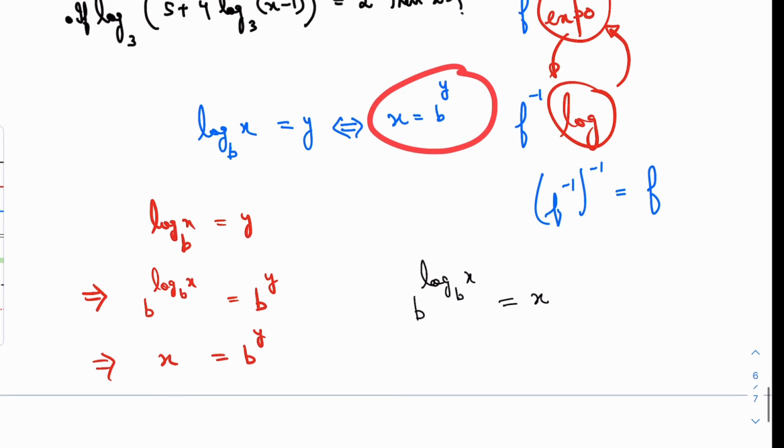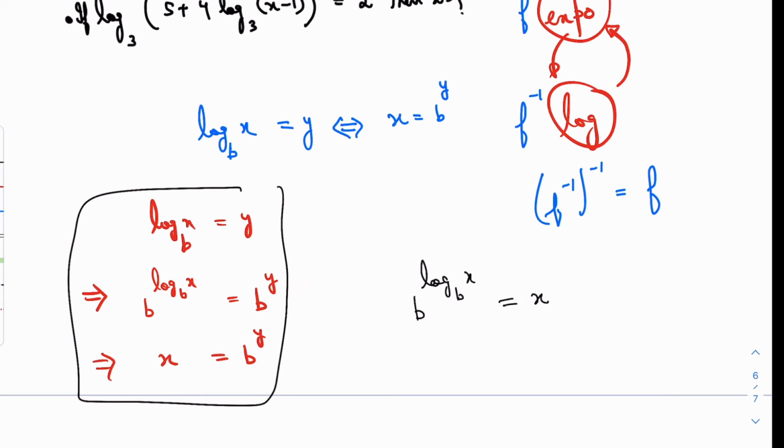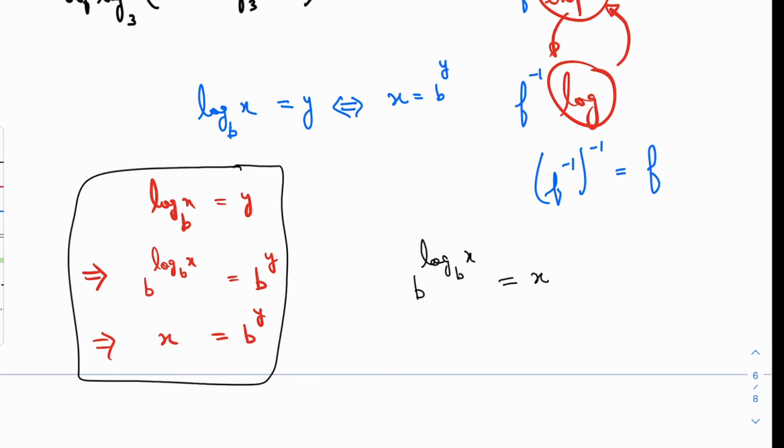So this procedure of applying base both the sides is called taking antilogs. Antilog just removes the logarithm, and by antilog we just mean exponential function. This has to happen naturally because they are inverse functions. So this is the algorithm that we perform whenever we want to remove logarithm, and when we want to apply logarithm, we just put log both the sides.